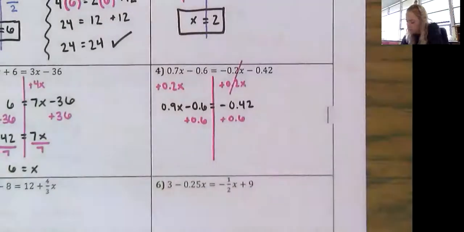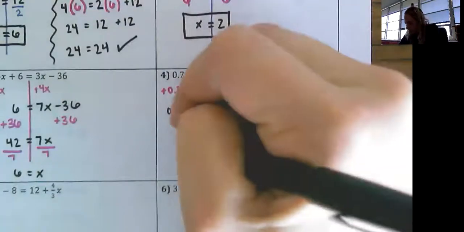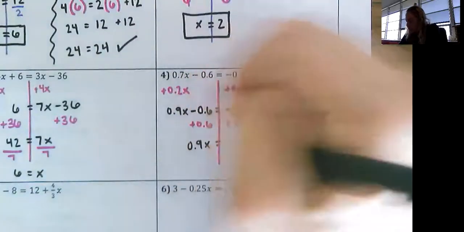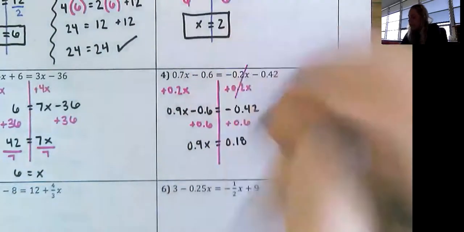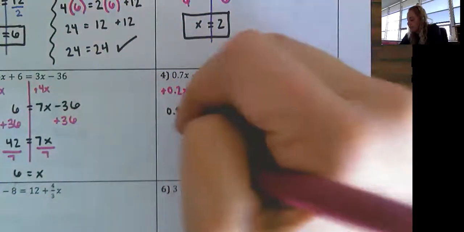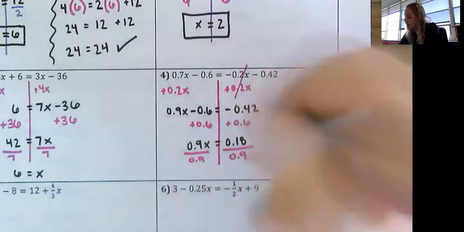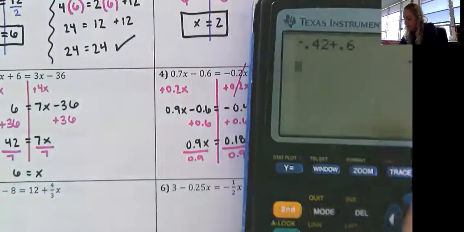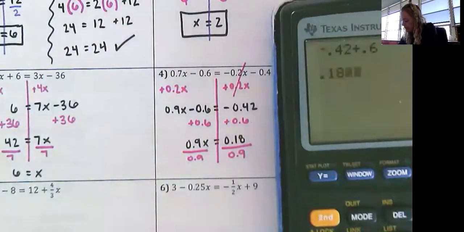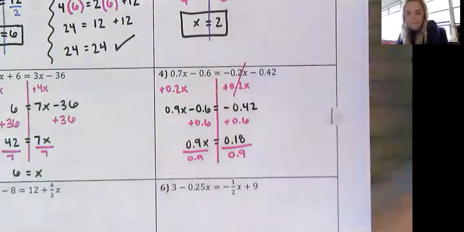So I have 0.9x equals 0.18. Last step, divide both sides by 0.9 because I'm undoing the multiplication there. So 0.18 divided by 0.9, and I get 0.2.